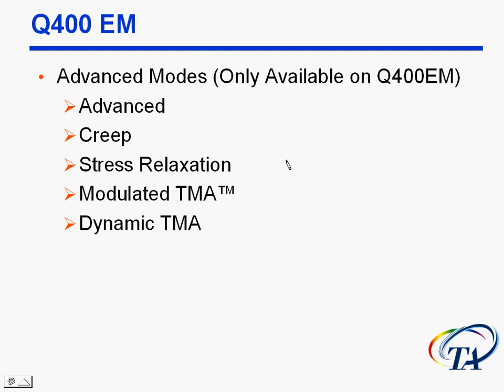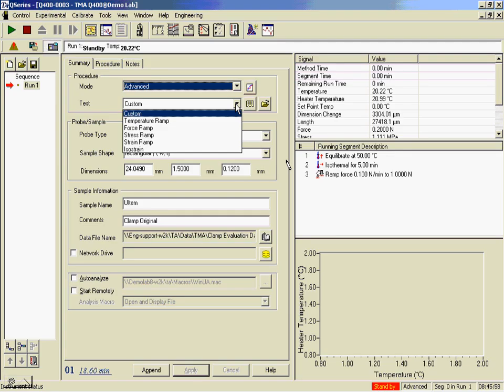Basically, we're doing a DMA, dynamic mechanical analyzer, experiment. If we go into advanced, we've got custom mode, temperature ramp, force ramp, stress ramp, strain ramp, and isostrain. So those are the different tests that we can run in just the advanced mode.